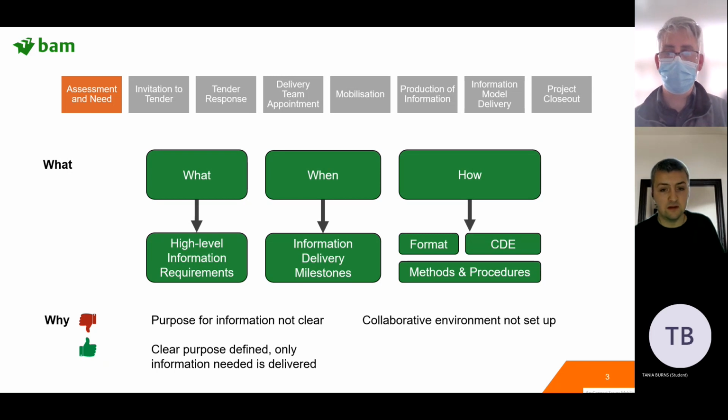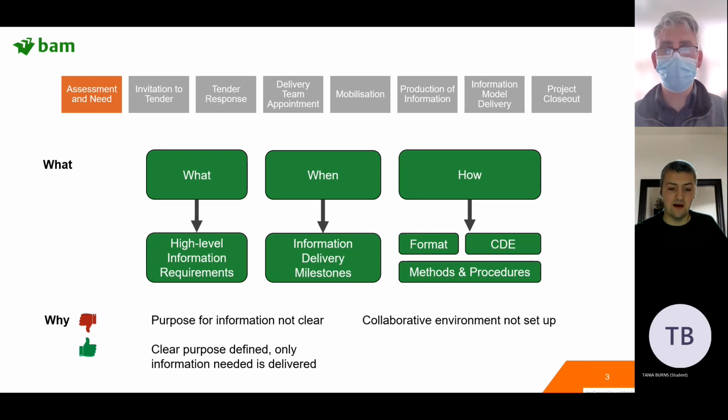So if these processes are followed, a clear purpose for information is defined, and only information that the client has a use for is delivered. It's quite a big problem for clients to ask for way more information than they actually know how to use, and often the reason they're doing that is because they think they have to, because they misunderstand the government mandate.